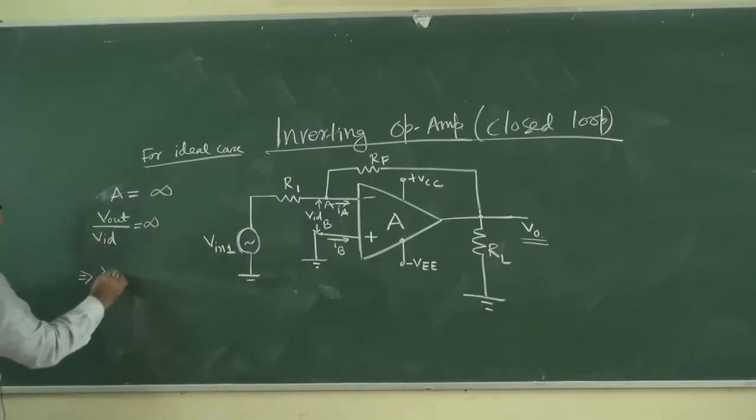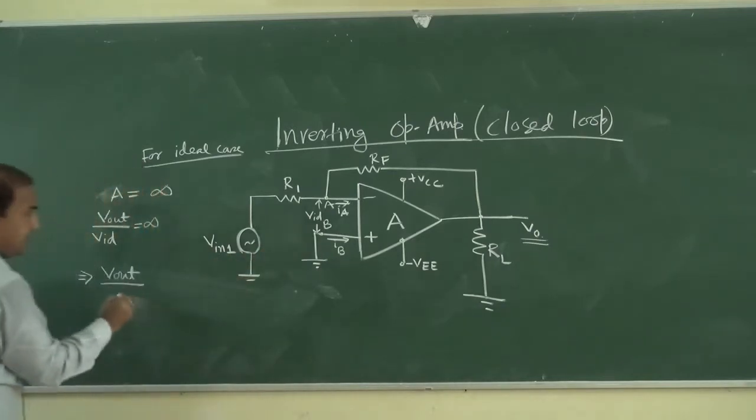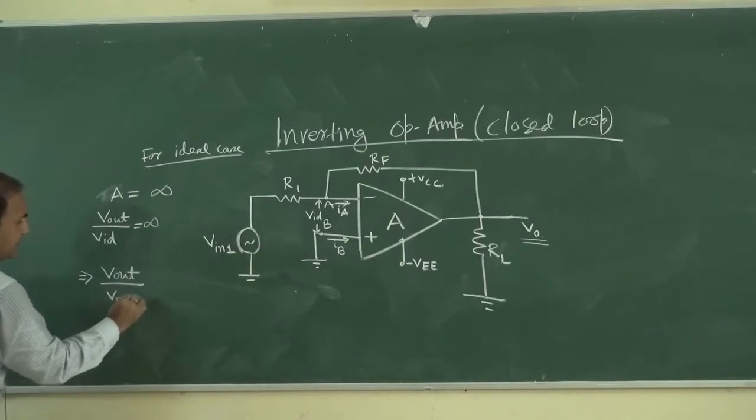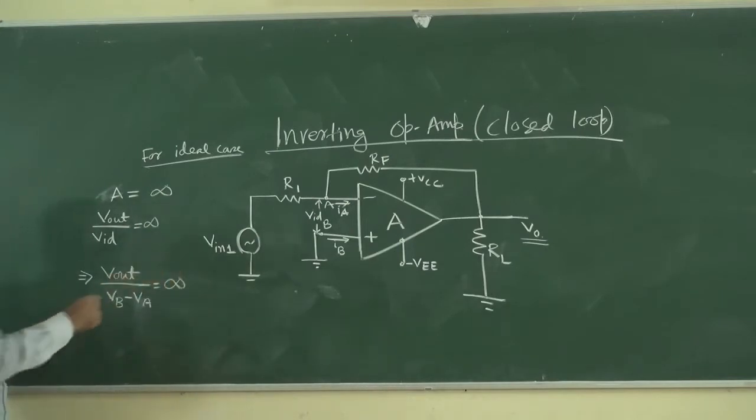So V output divided by VID, where VID is VB minus VA, is infinite.